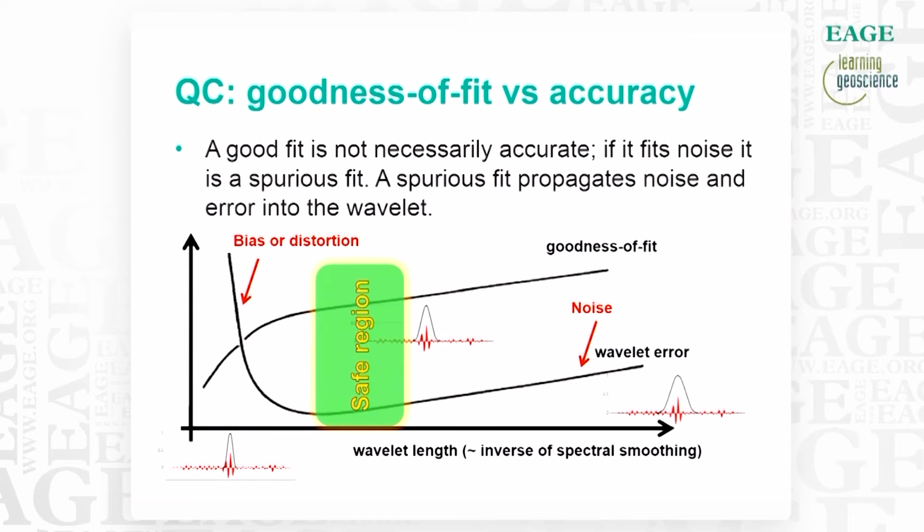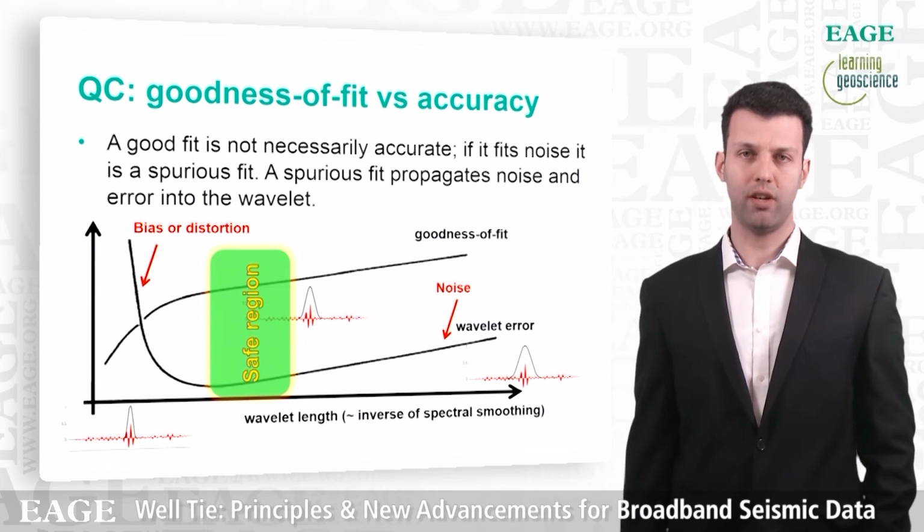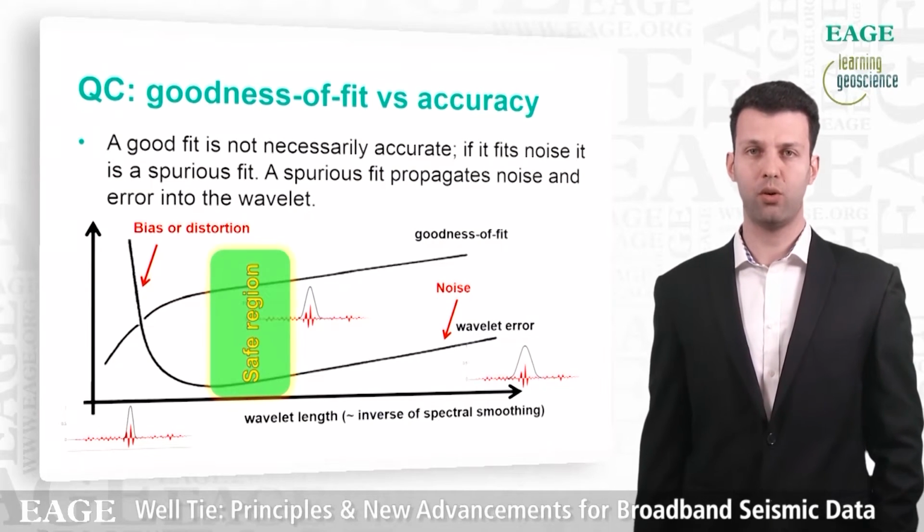This figure is summarizing what I've said so far. The horizontal axis is wavelet length. On the left side, that means a short wavelet or not enough smoothing, which leads to bias or distortion of the wavelet. On the far right-hand side is where the wavelet length is too long, and therefore there is too much noise in the wavelet, and you see that the wavelet error is high.